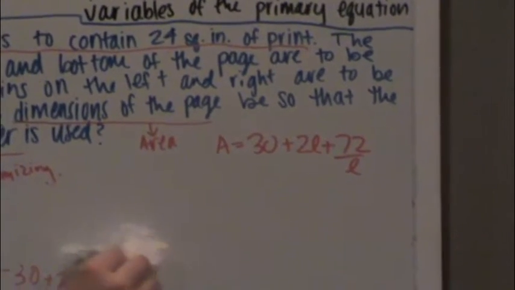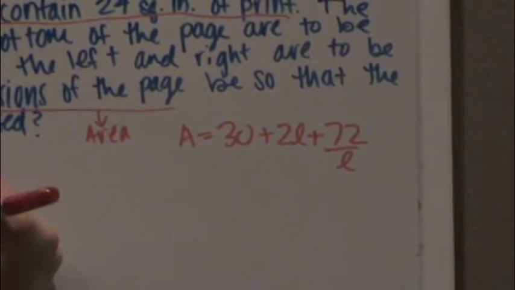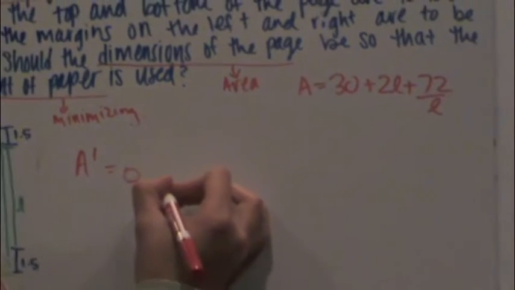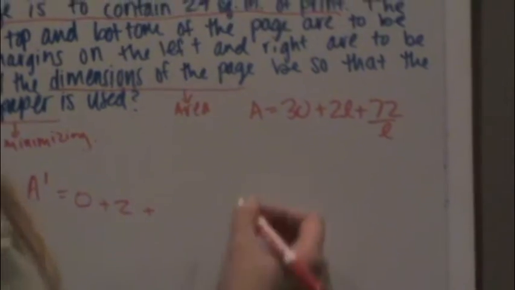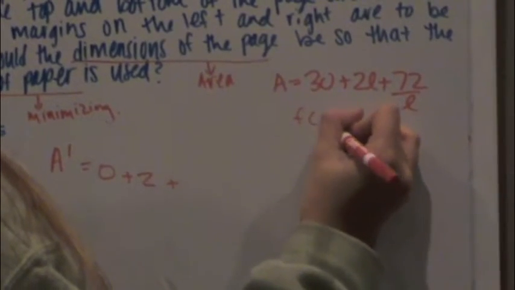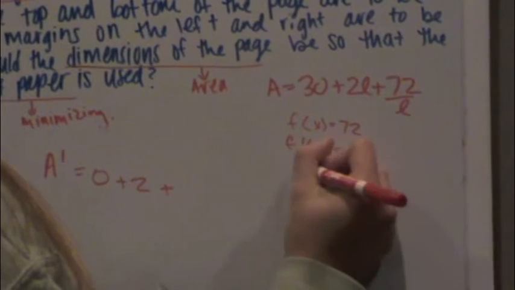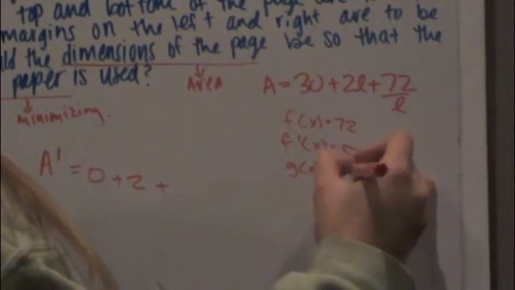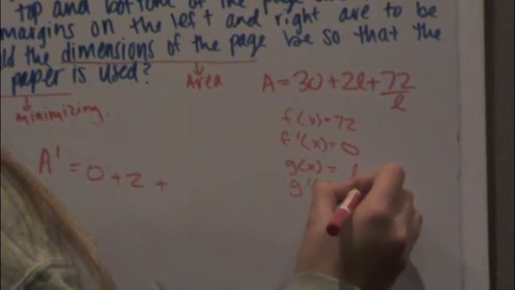First, you want to take the derivative of the equation. A prime would equal, this constant becomes 0, plus 2, plus, here we have a quotient rule. f of x equals 72, f prime equals 0, g of x, the denominator, equals L, and g prime of x equals 1.